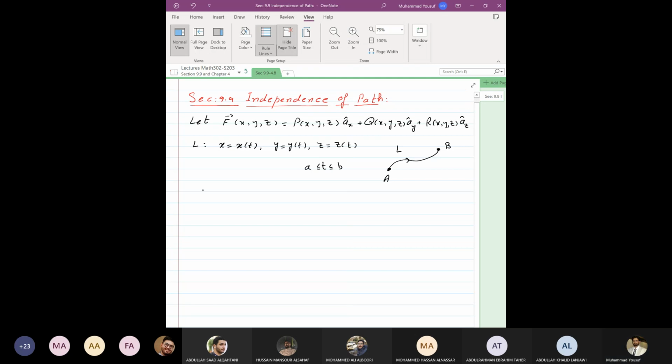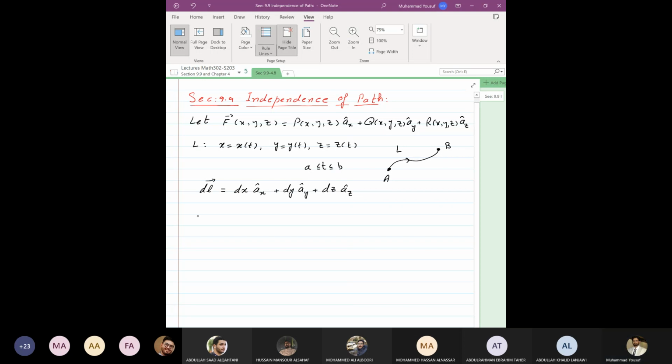And what is dl, this vector? It is dx ax plus dy ay plus dz az. This is dl. You know this from the previous chapter.